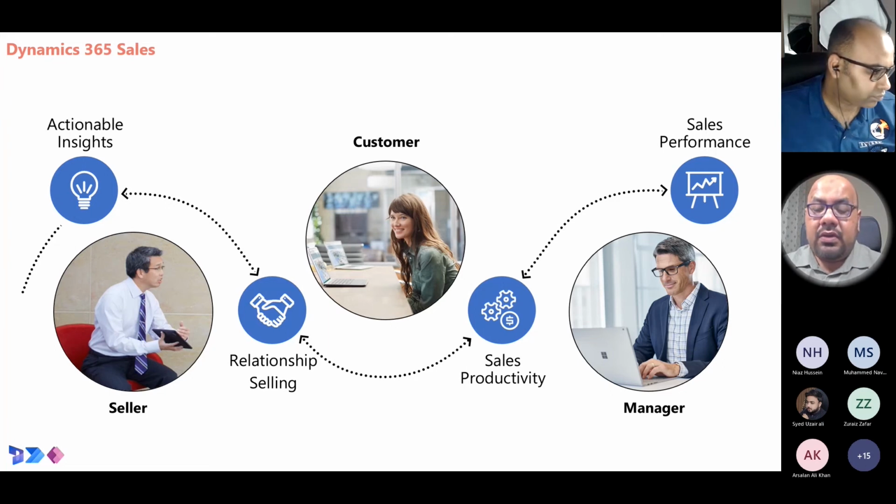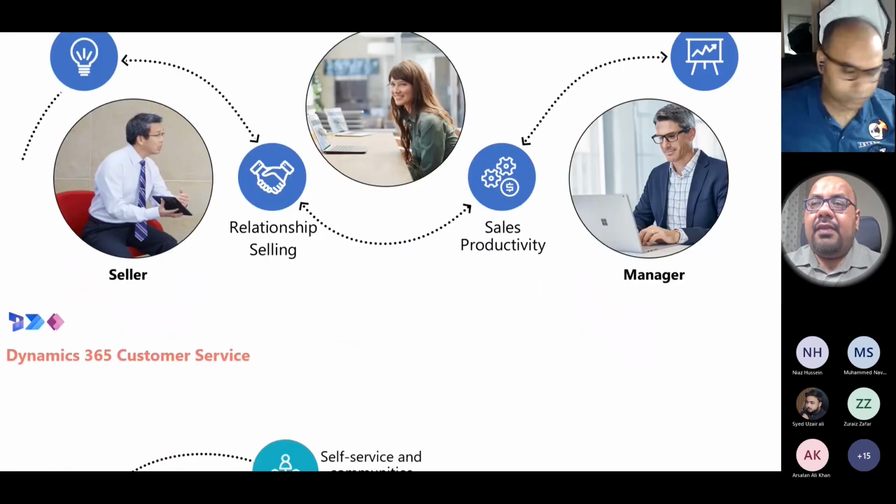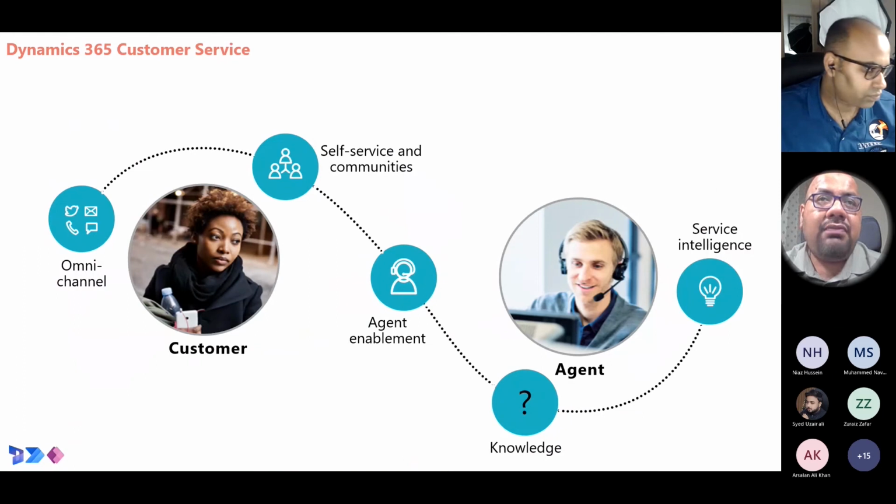And now, if we talk about sales, the second part comes here, the customer service. If you have good customer service, you are going to maintain the relationship very effectively. So again, the customer service is what we had just covered, that you have the omni-channel integration. So the customer is going to communicate with the team based on his need.